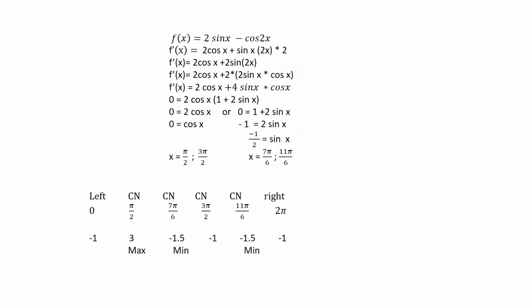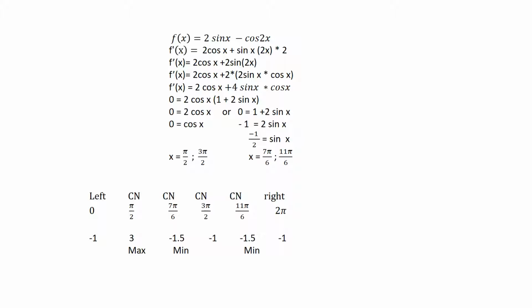We continue doing the same thing for 7 pi over 6. That'll give us negative 1.5. Next, we plug in 3 pi over 2, which will give us negative 1. Next, 11 pi over 6, which will also give us negative 1.5. And then finally, we plug in 2 pi and we get negative 1.